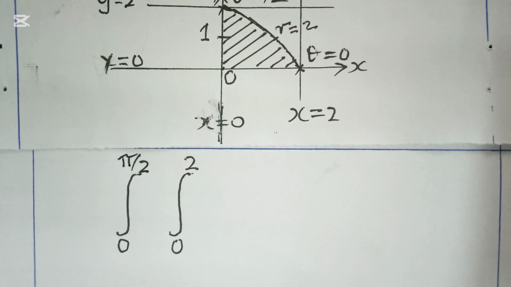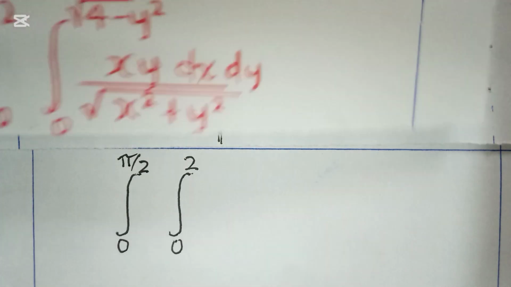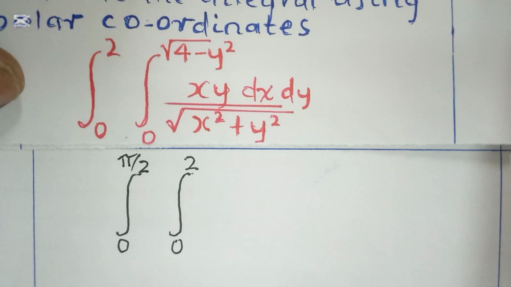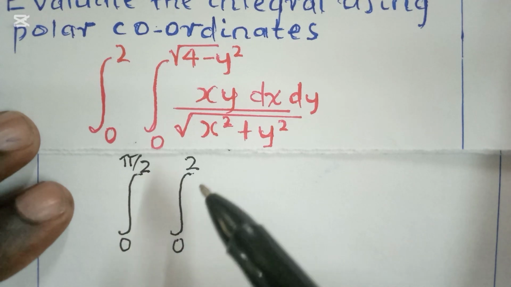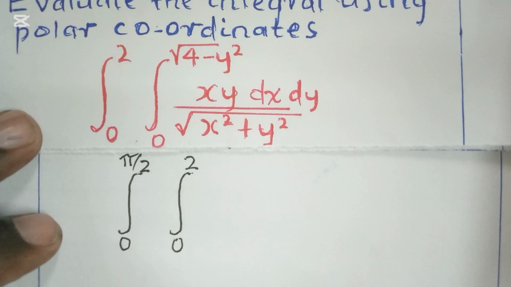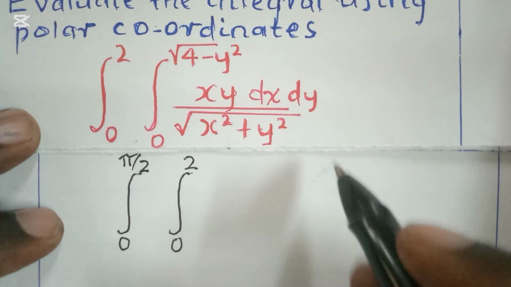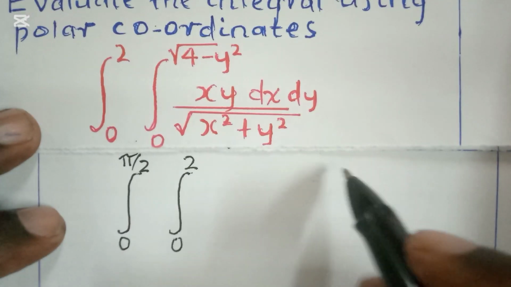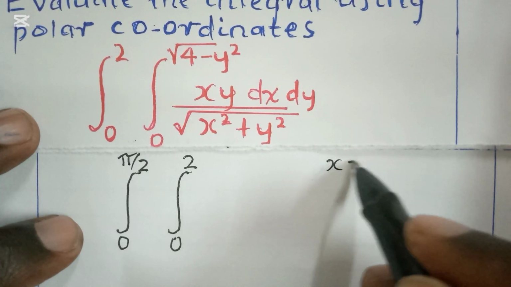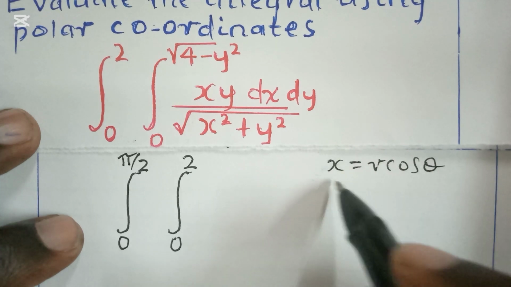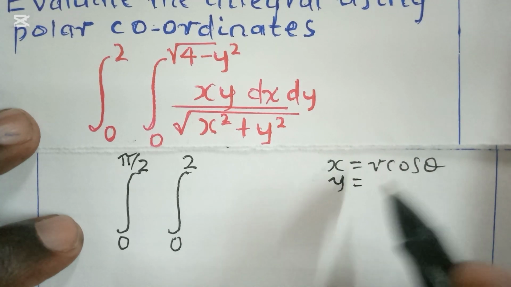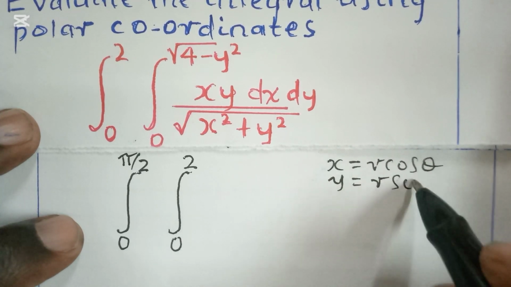So from there, guys, we come and check this, whereby now we have been able to establish the polar coordinates. Now we can come and convert. First of all, we have x equals r cos theta, and y equals r sine theta.